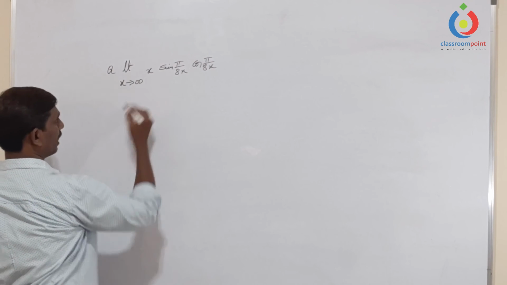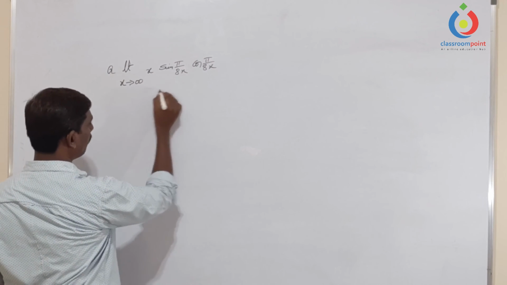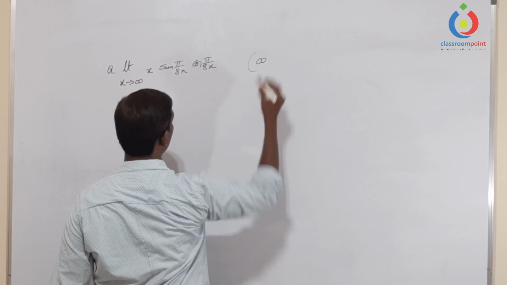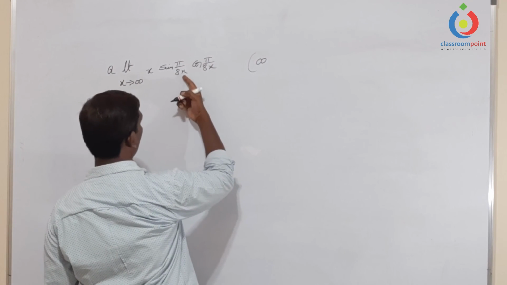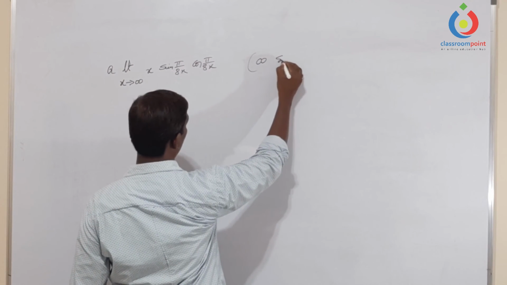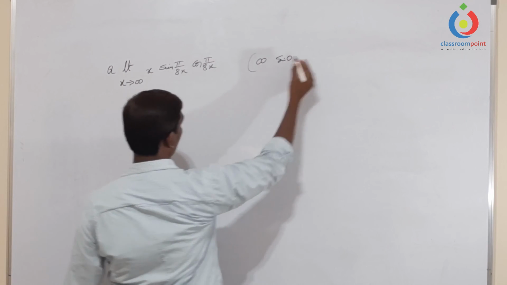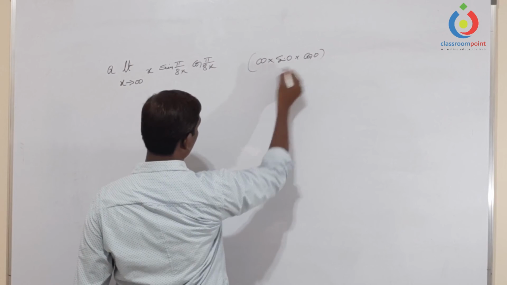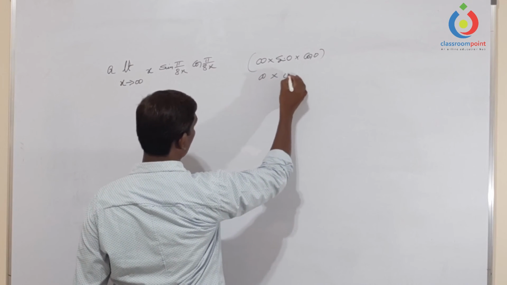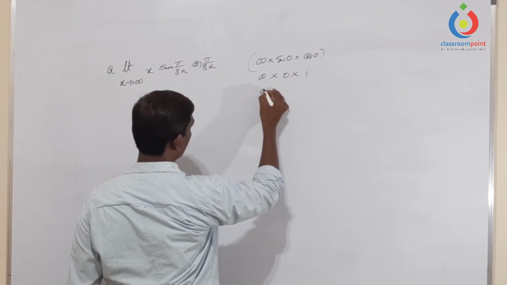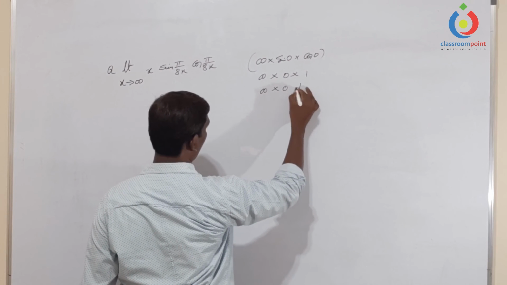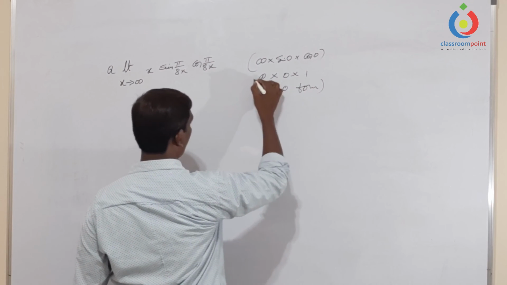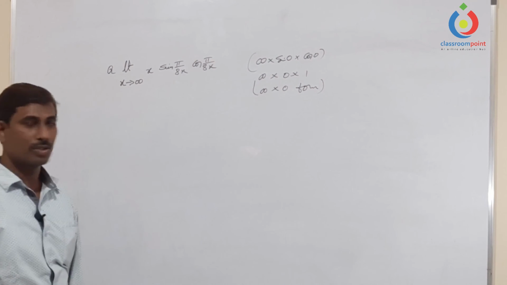So check once here: this is infinity, so pi by 8x means 0, sine 0. This is infinity, so cos 0. That means infinity into 0 into 1, that means infinity into 0 form.